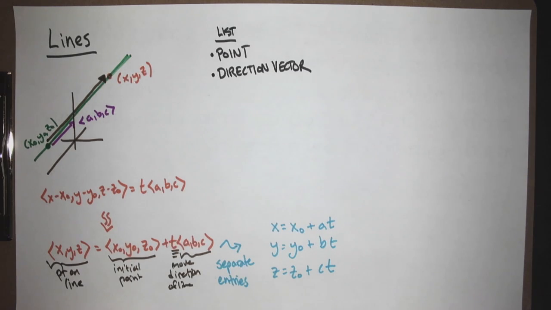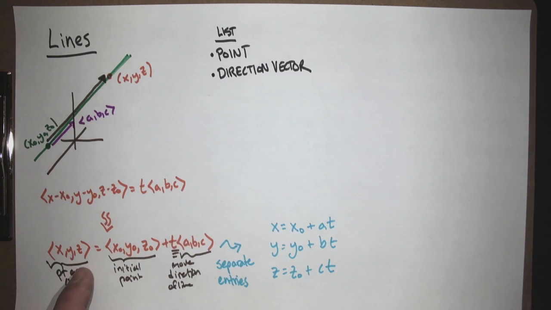Now, oftentimes, this is what we'd call vector form. We call it vector form because it's made of vectors. And then we say, well, vectors have their individual slots, their entries, and we can separate. Let's look at the first slot. x should equal x0 plus at. The second slot, y, should be y0 plus bt.